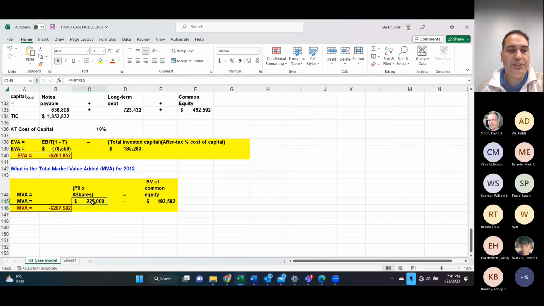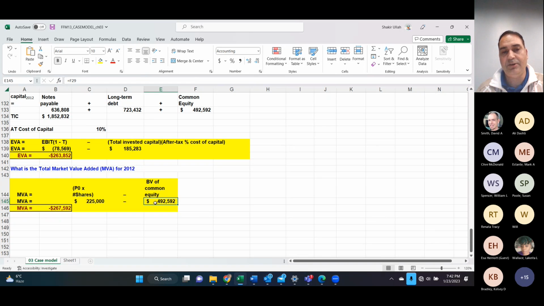Now, when you find the difference between the market value and the book value, that will be the market value added. And you can see the company has eroded market value. People are not buying this business even at the money that the owners have invested in it.